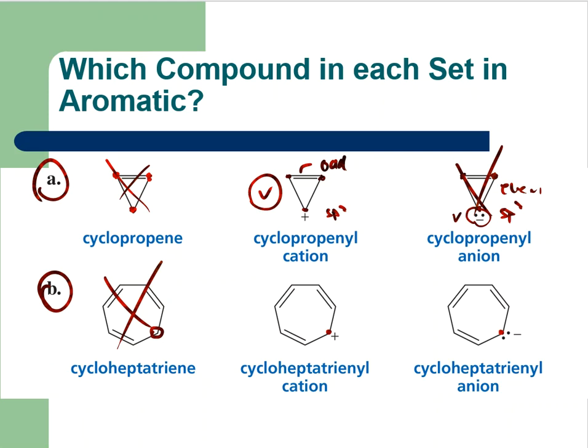So if I look at the cycloheptatrienyl cation, what I'm going to find out is that this carbon does not contribute any electrons. Well, this one has a bond, this one's got a bond, and this one has a bond. So there's 3 sets of pi electrons in this structure, right?